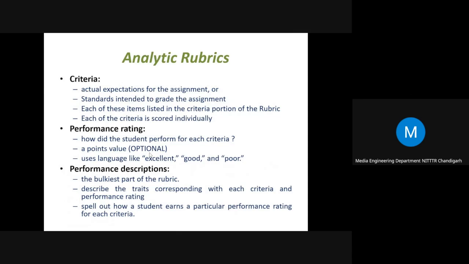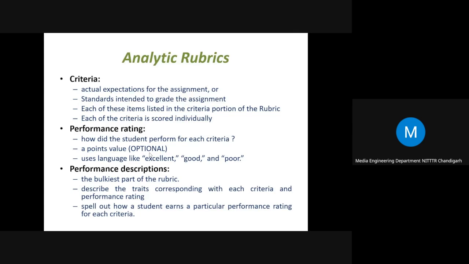So what do we mean by criteria? Criteria show the actual expectations for the assignment or the activity. For evaluating every assignment, we have some intended standards or parameters which we want to check. Here, assignment is not meant in the literal sense; we are referring to any activity we give to the student, whether a project or any other kind of assignment.